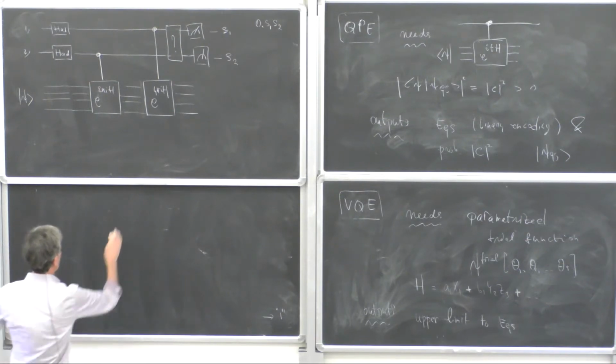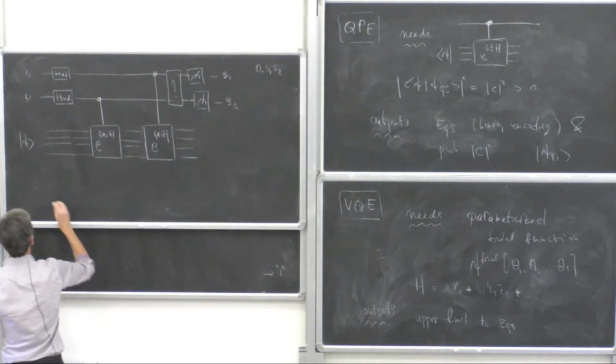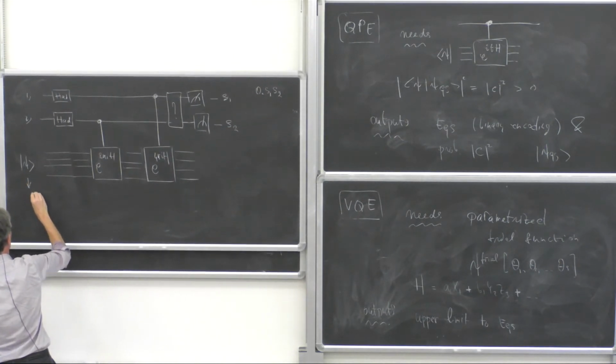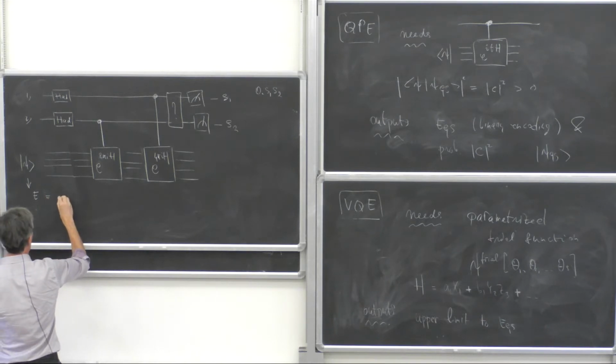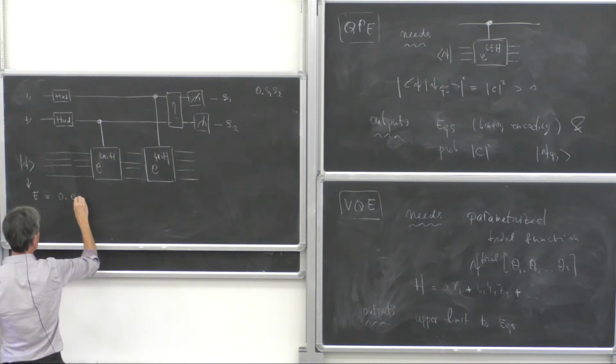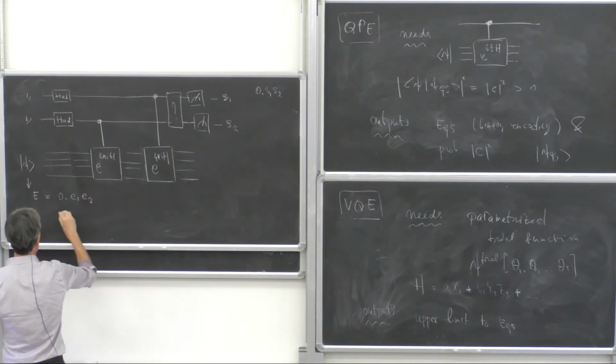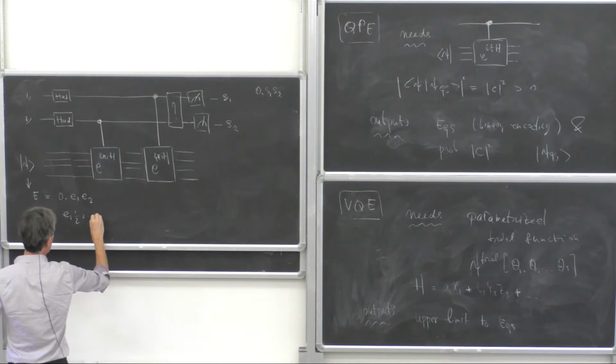So let's imagine, the eigenvalue for this state over here, let's call that E. And let's assume E can be written as 0.E1E2, or if you wish, E1 times a half plus E2 times a quarter.